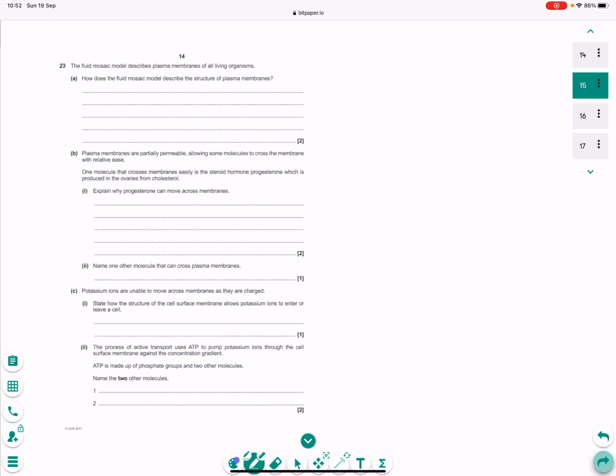You've got a phospholipid bilayer, I guess you'd say, but keep it brief. Okay, hydrophobic fatty acids inside.